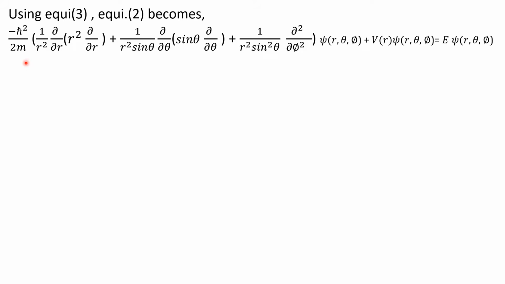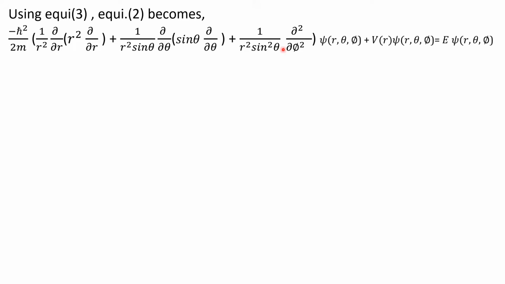Minus h cross square by 2m into the whole bracketed term, which is the value of del square. We keep it as it is: 1 upon r square dev of dev r into r square dev of dev r plus 1 upon r square sin theta dev of dev theta into sin theta dev of dev theta plus 1 upon r square sin square theta dev square by dev phi square, into psi r theta phi, plus V of r psi r theta phi equal to E psi r theta phi.